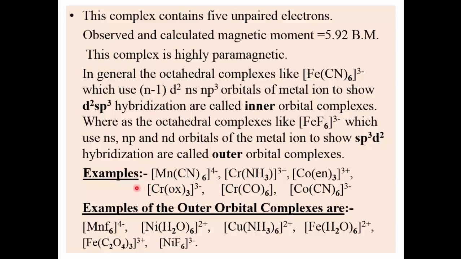These are examples of inner orbital complexes: [Mn(CN)6]4-, [Cr(NH3)6]3+, etc. Similarly, these are examples of outer orbital complexes. So this is the difference between inner and outer orbital complexes.